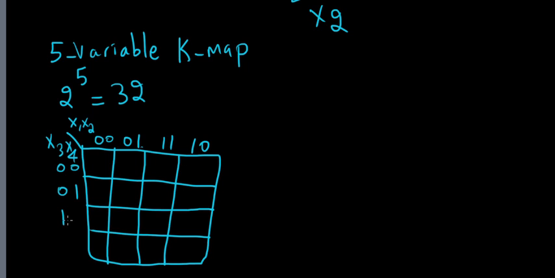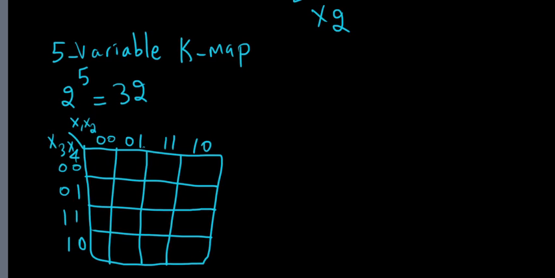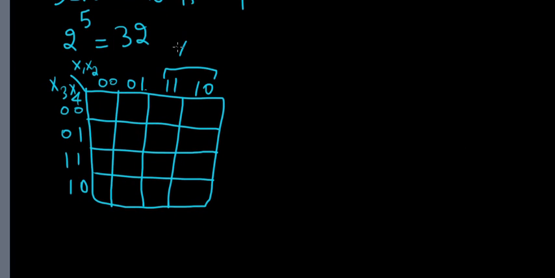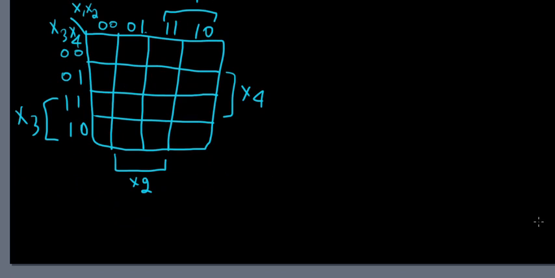Like I said, and I'll show you in a second, just like how we did earlier, here would be your x1, here would be x4, here would be x2, here would be x3. Now where's your x5? Your x5 is actually this whole 4 variable KMAP where x5 equals 0.